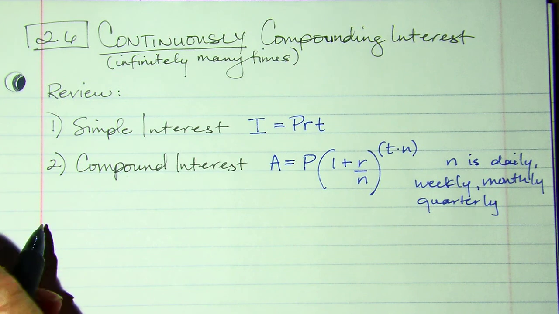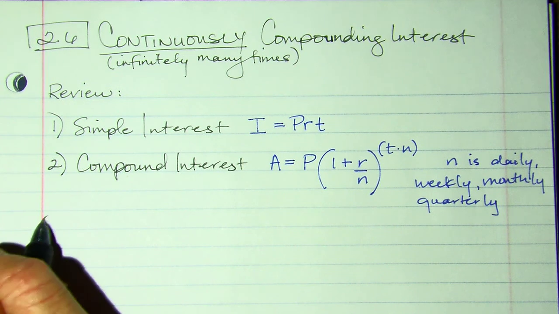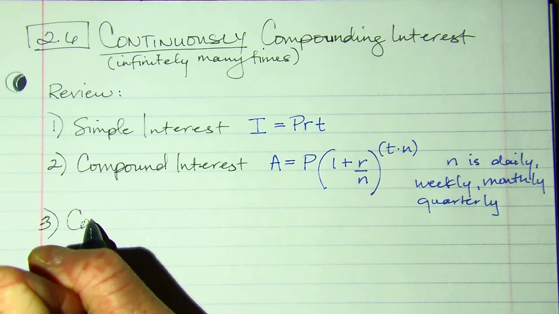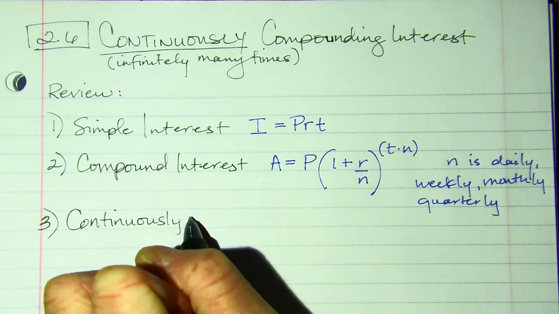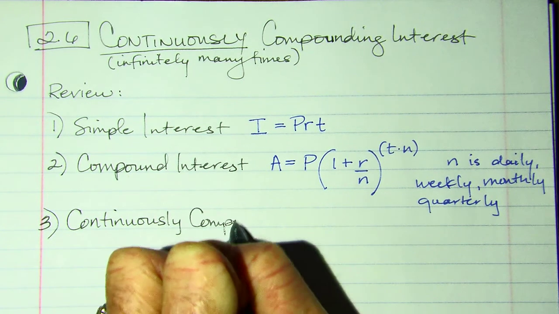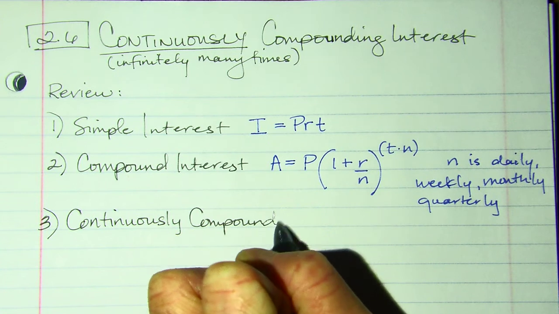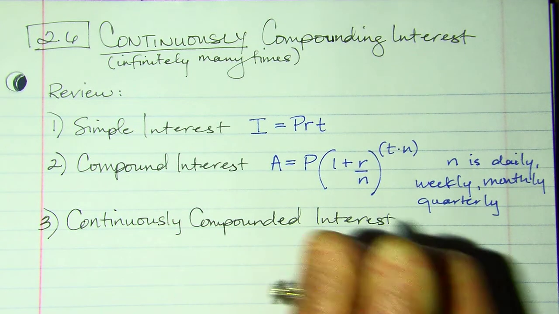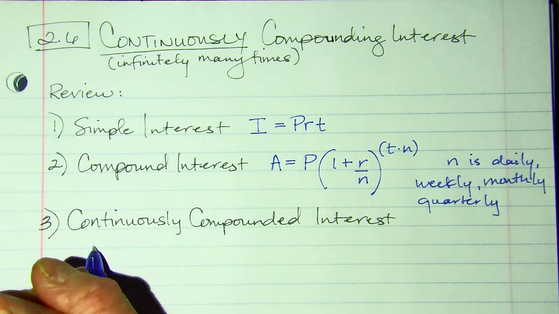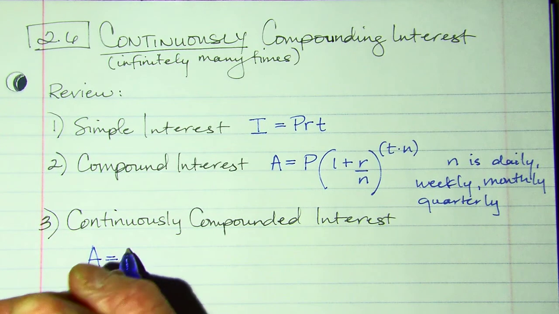The last one, and we're going to be covering that today, is continuously compounded. Meaning the bank is continuously calculating your interest. And it involves a new button on your calculator.